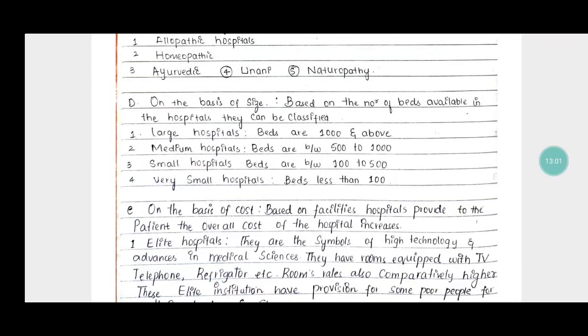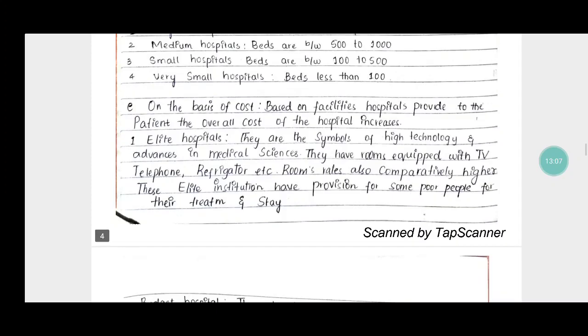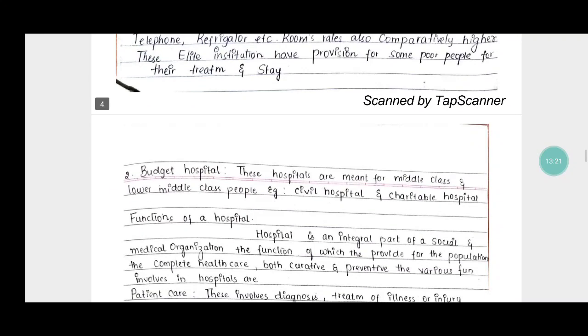They have rooms equipped with TV, refrigerators, telephones, AC, etc. As well as the room rates are also comparatively high. These elite institutes have provision for some people for treatment and stay.